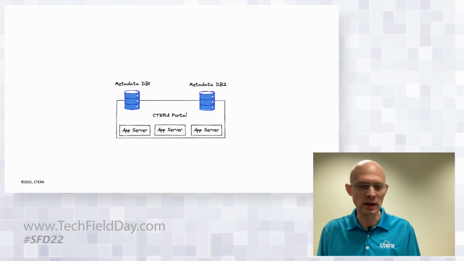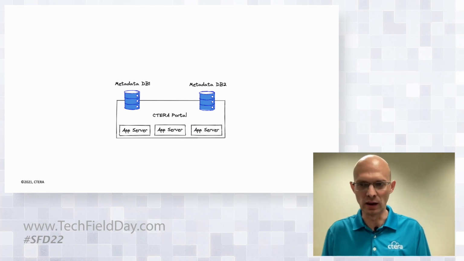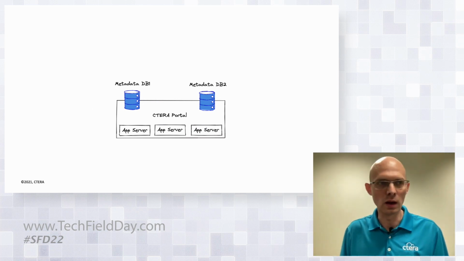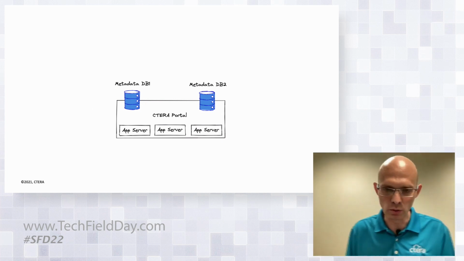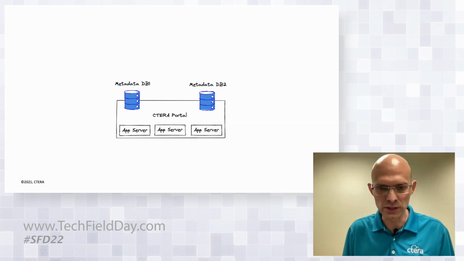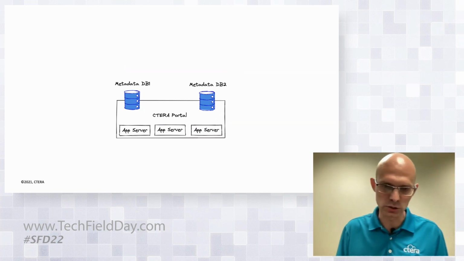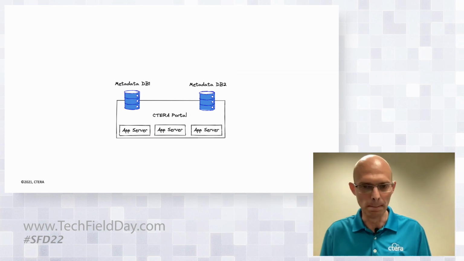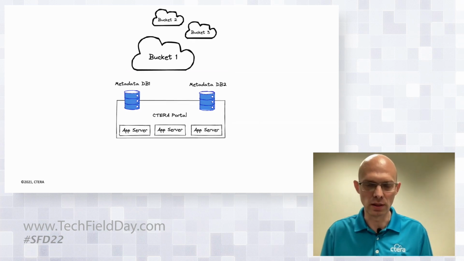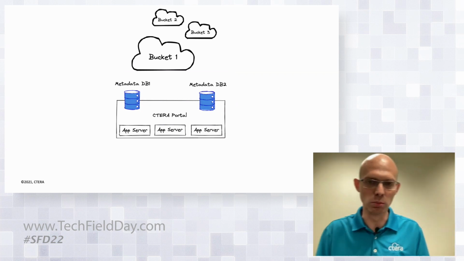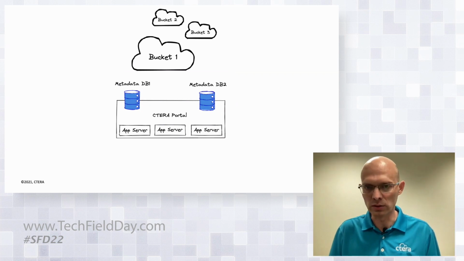And the metadata database contains everything that's not the data. What do I mean? The names of the files, the names of the folders, the ACLs, the usernames, the configuration, everything that's not the actual data. So where is the actual data stored? In object storage. The data is broken into blocks and stored in the object storage.